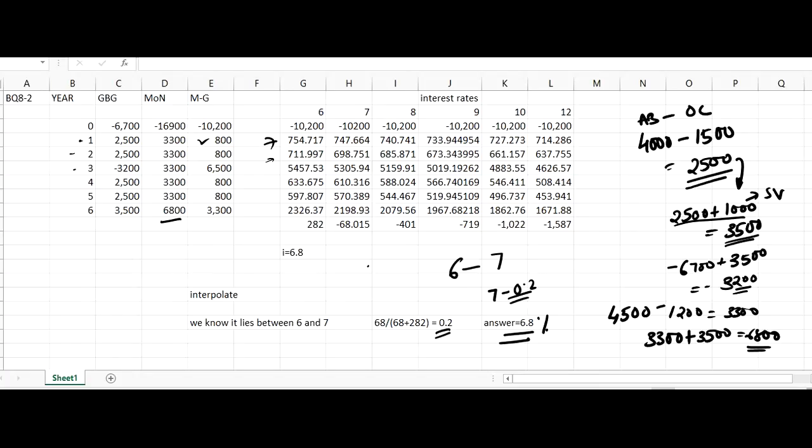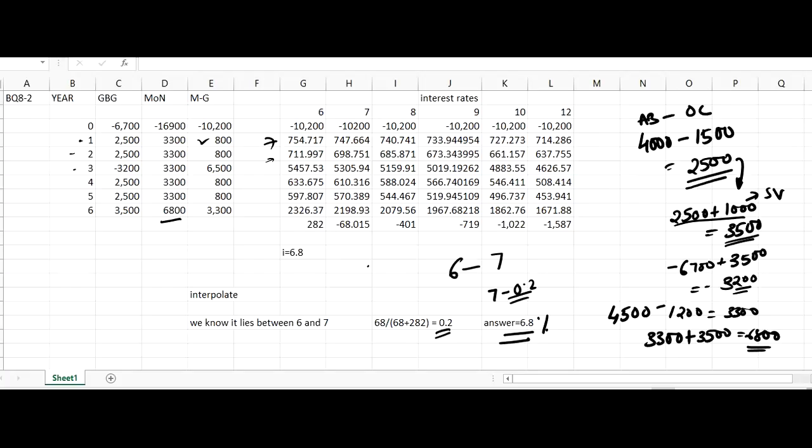So that column is done, and column E is the difference of the MON case and the GBG case. And from column G to L different values of interest have been taken, and how to calculate for each value.